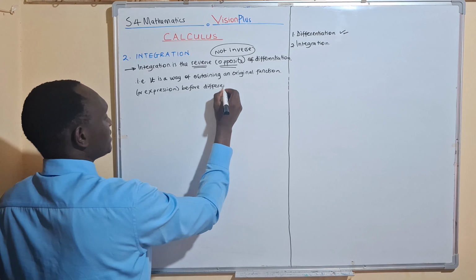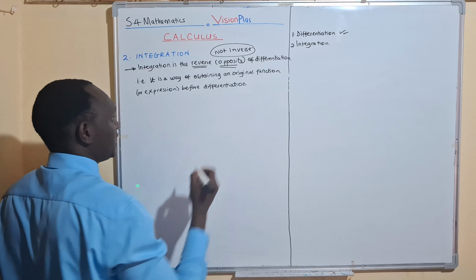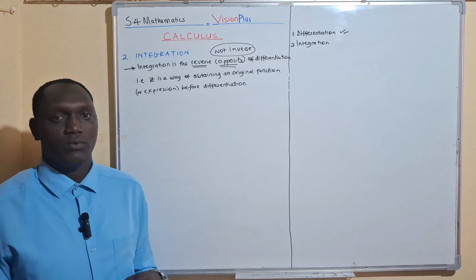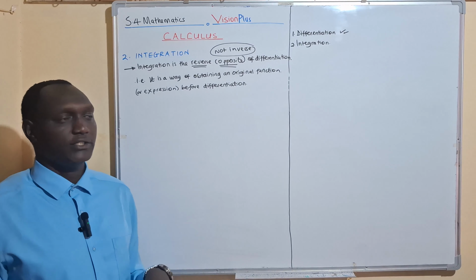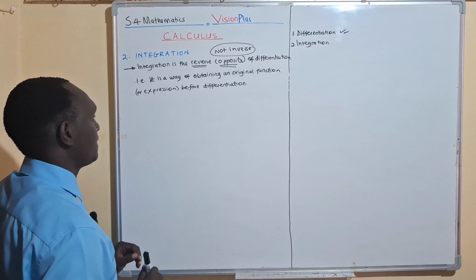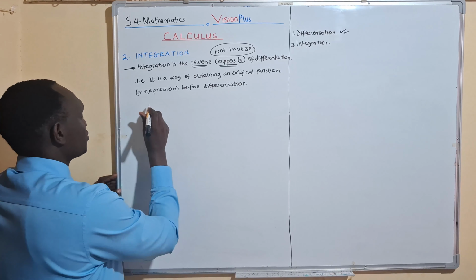So we need to get an expression or a function that was differentiated. That is integration. We need to obtain the original function that was differentiated. That is the definition. And before we go into the techniques, this is what we are going to cover.